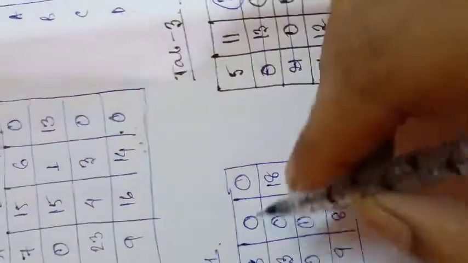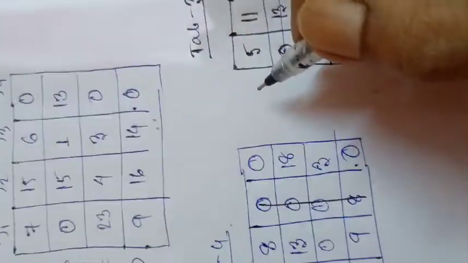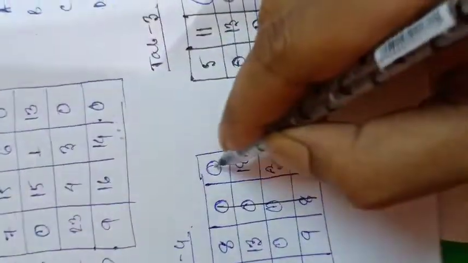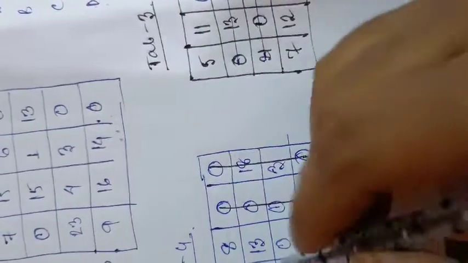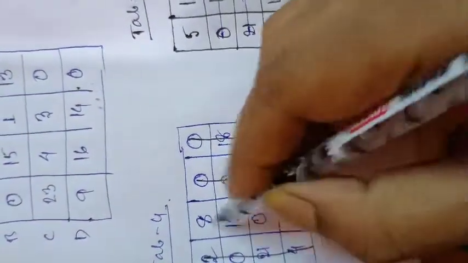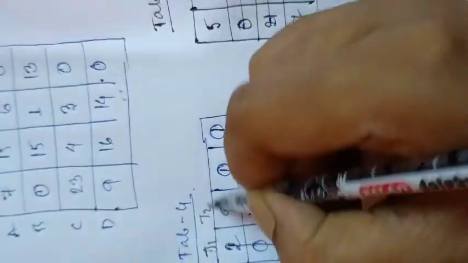See here that this third row contains the maximum zeros. Next we can go for this one, and now we have to cover up these 2 zeros.